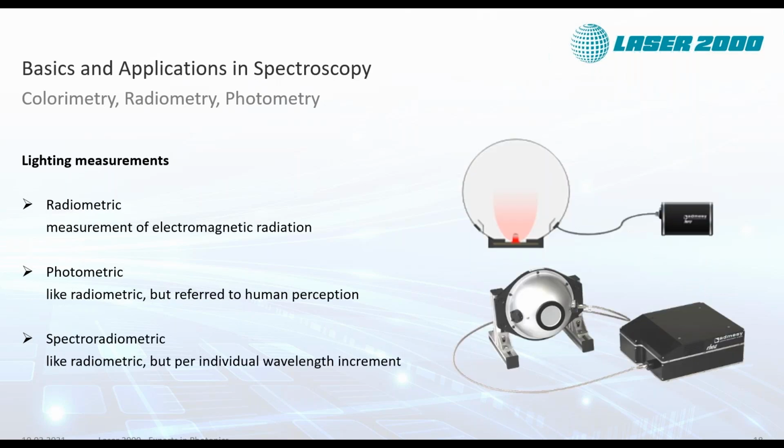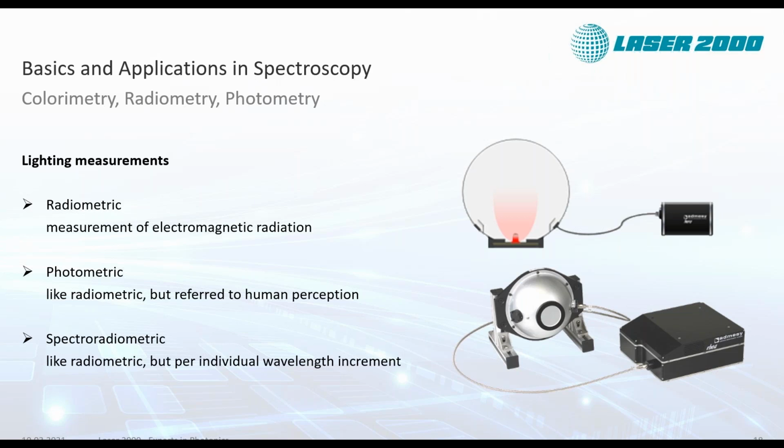When we go into lighting measurements, there are three types of measurement that one has to take apart from each other, more or less. This is radiometric measurement, which measures the light in, let's say, normal physical dimensions and normal physical units.